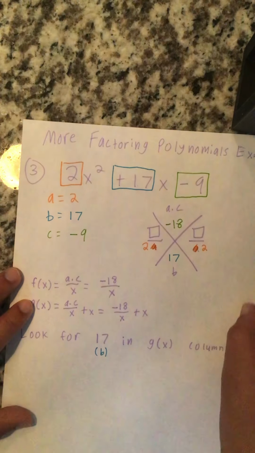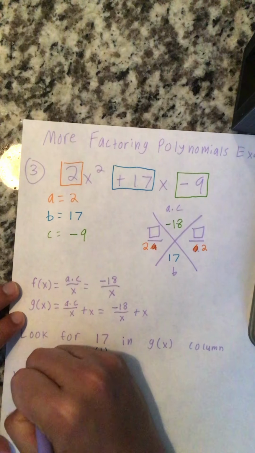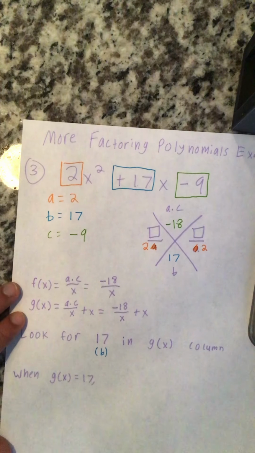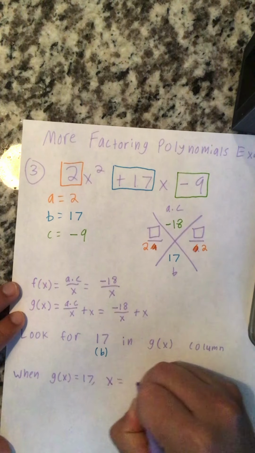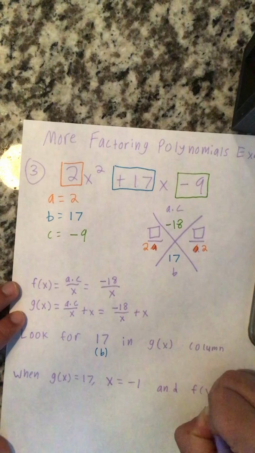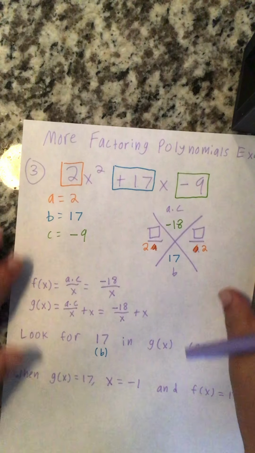So I'm gonna write exactly what I just said down. So when g of x equals 17, x equals -1, and f of x equals 18.